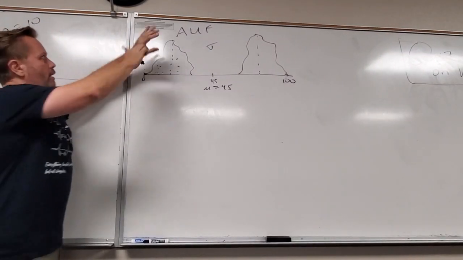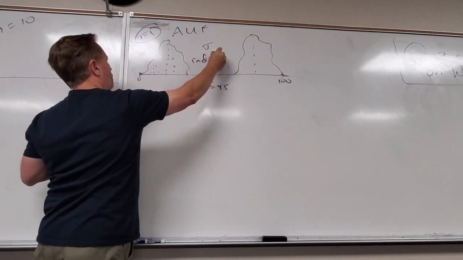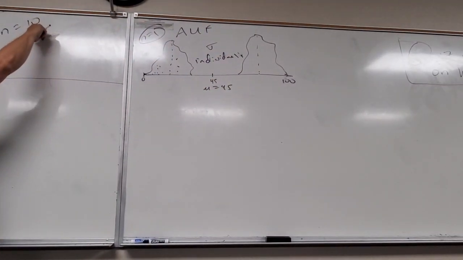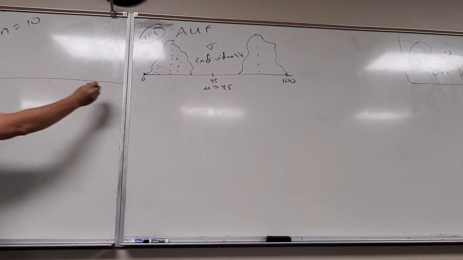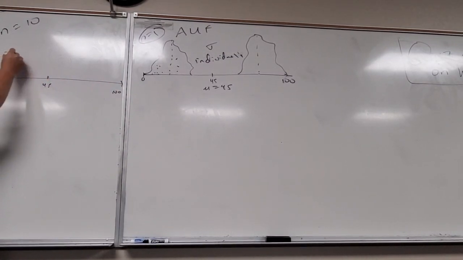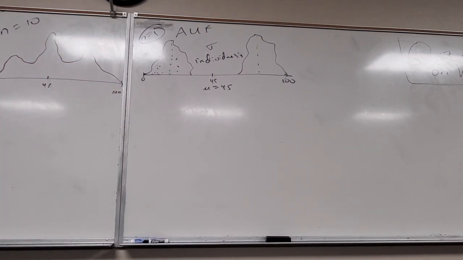So if instead of plotting individuals, what if I plot every average of every group of size 10? What would it look like? It would look roughly like this. Use whatever sound effects you want.